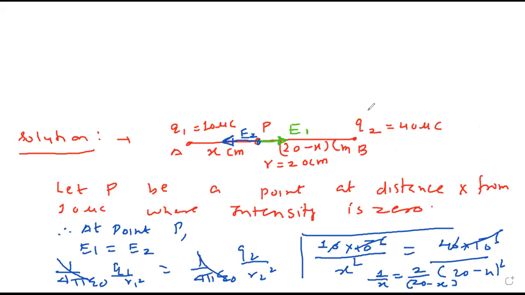Okay. So we got 1 by x equals 2 upon 20 minus x. So 20 minus x will become 2x.